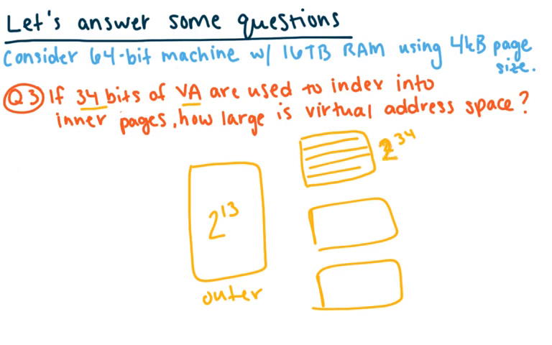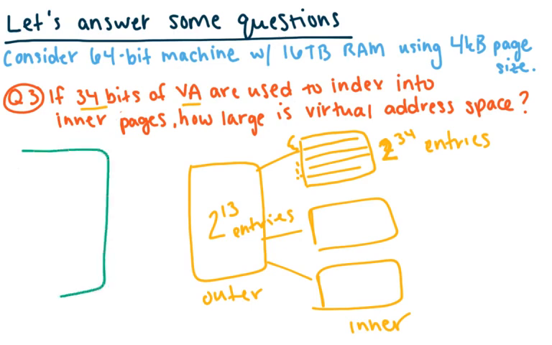Right, because we have 34 bits that can represent this, so we can go 2 to the 34 spots in this. So each one of these has 2 to the 34 entries. Okay, the final question is we have our virtual address space.